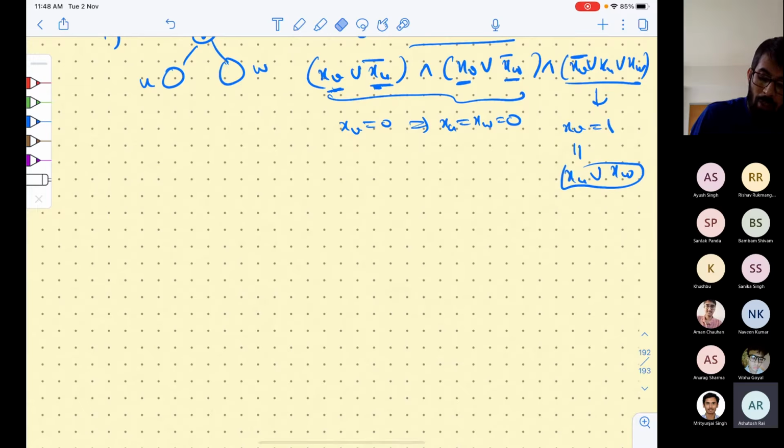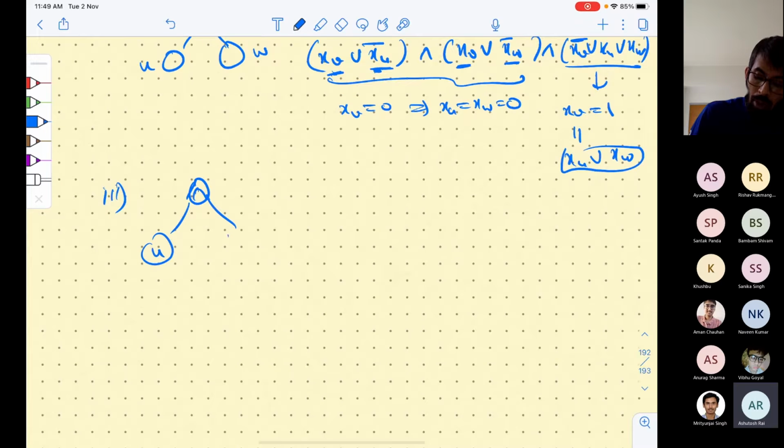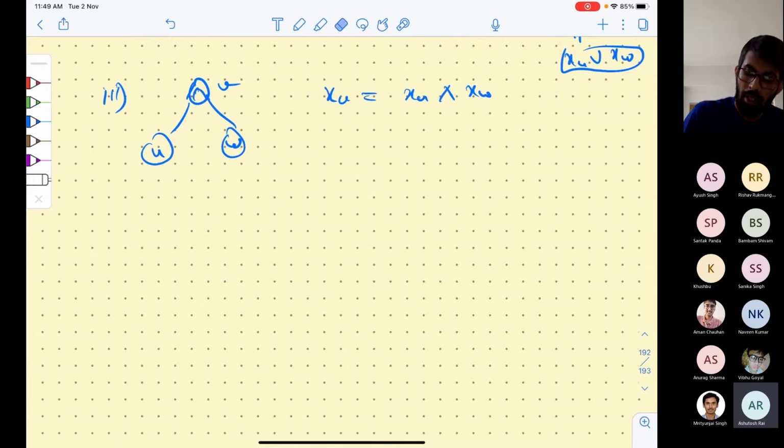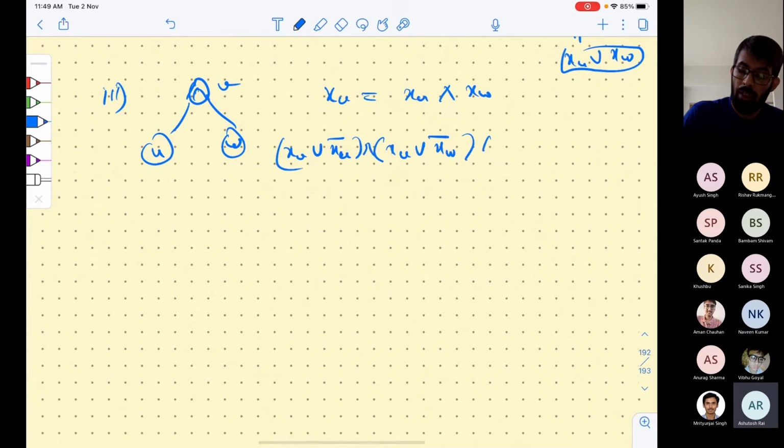Similarly for AND, we can do similar things. With U, W, now we want xv is equal to xu and xw, and how you can do that is xv bar or xu, xv bar or xw, and xv or xu bar or xw bar.